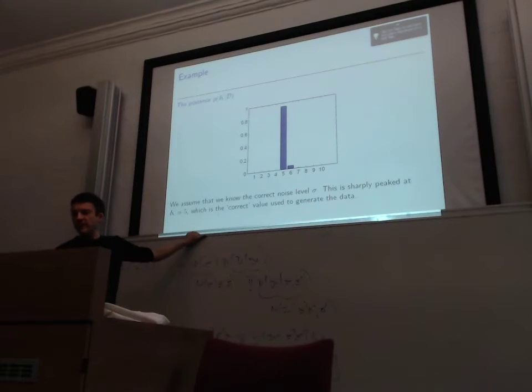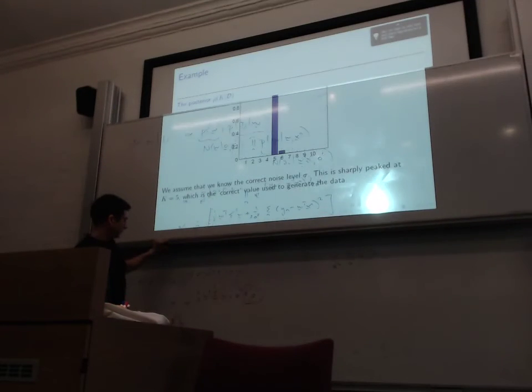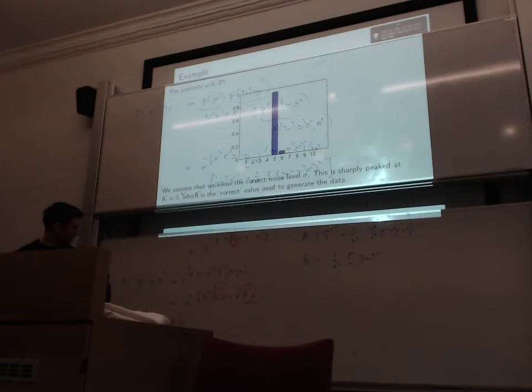Then we can use this model with 5 components to clean up the data. Now, how am I going to do that? Well, I'm going to look at the posterior distribution for the model with 5 components, and I'll calculate, in particular, the mean of this posterior distribution. Okay, for that 5 component model, and that will give me the posterior mean parameter vector W.